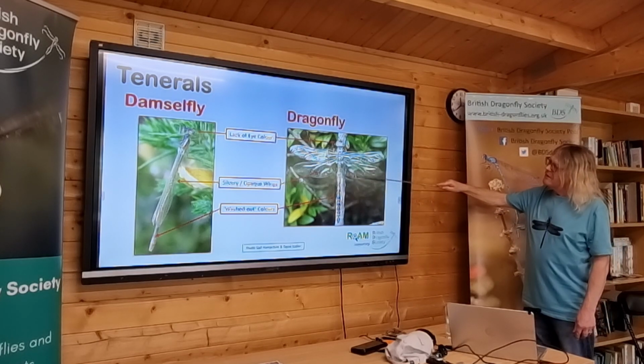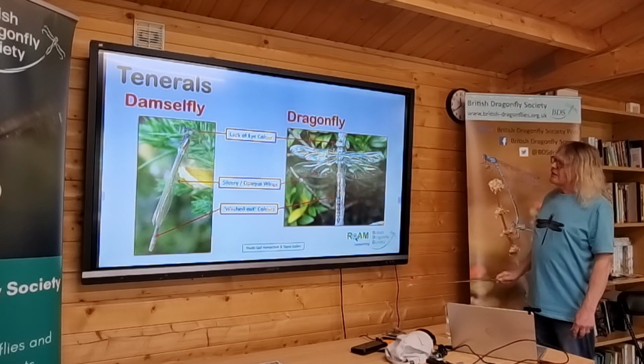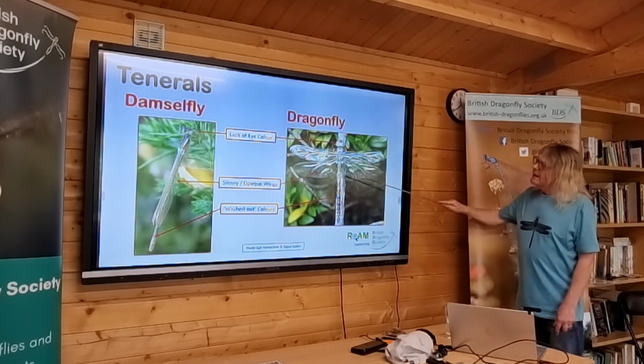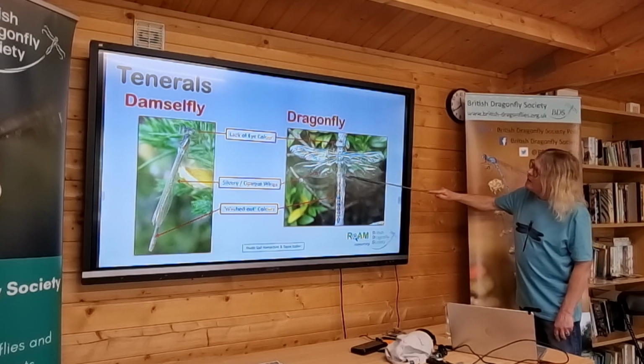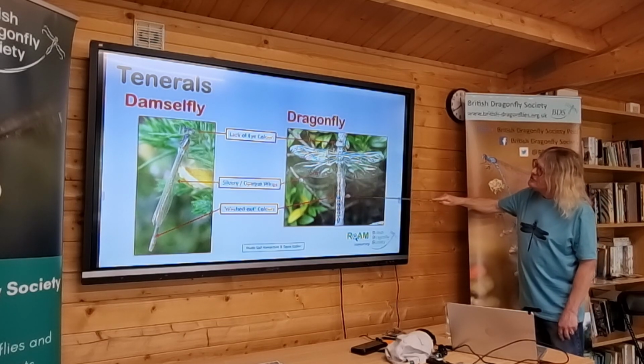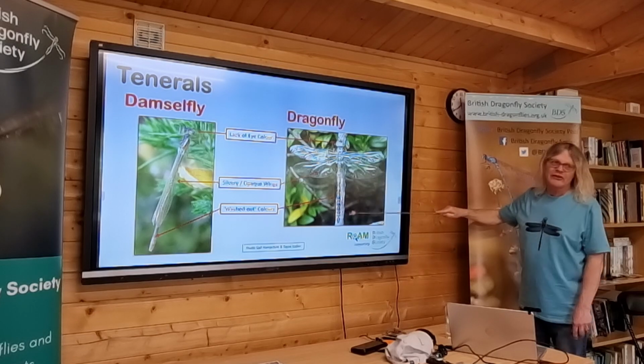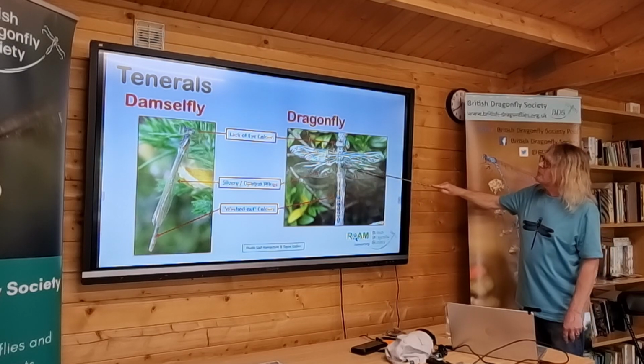But if they're this teneral, the best way to find out what species it is is to look closely, as close as you can, at the markings on it, because the markings are the only thing that give away the species that it is when it's like this.